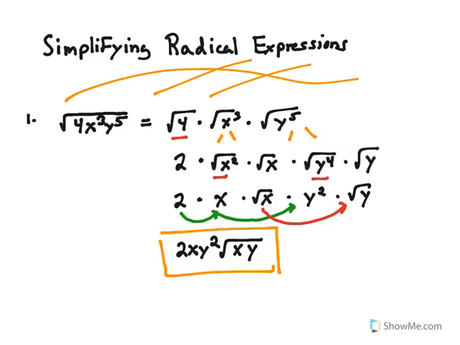Okay, so let's do another one. So I have 81, L squared, m cubed, n to the 7th power.